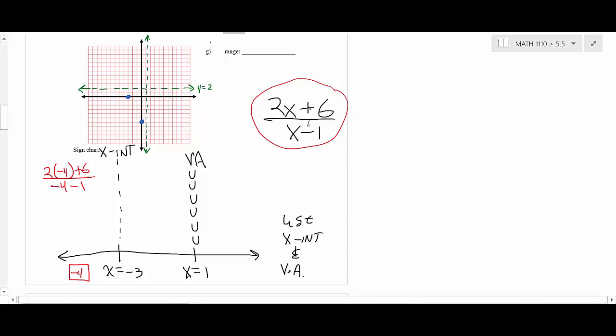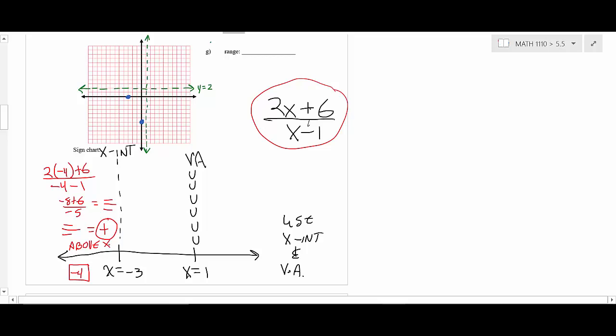So the numerator is really -8 plus 6 over -5. So I have a negative numerator and a negative denominator. A negative over a negative is equal to a positive. So I'm just going to put an answer there. And that means all of the y values are positive, so all of the y values are above the x-axis. That's what that means.